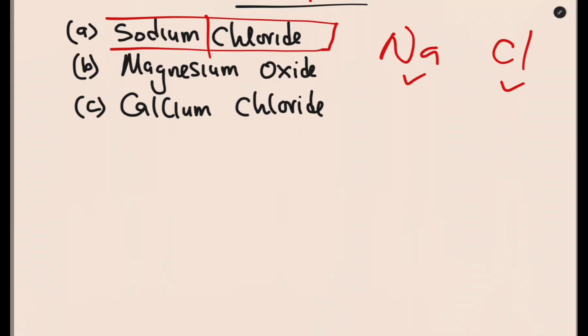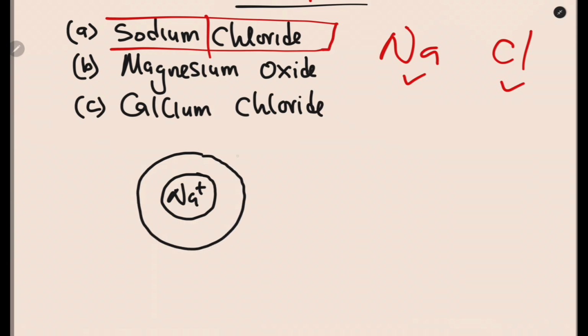So now, from where we are coming from, we know the formation of ions. And sodium, in terms of ion, is like this. I'm just presenting the structure, how the ion appears. How many shells? 2 shells.